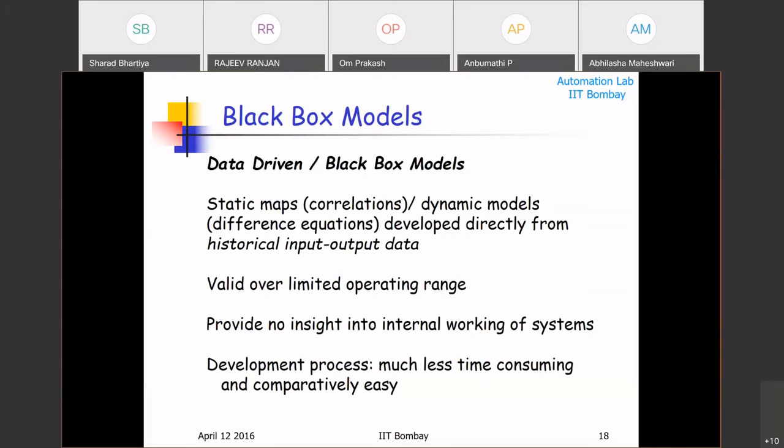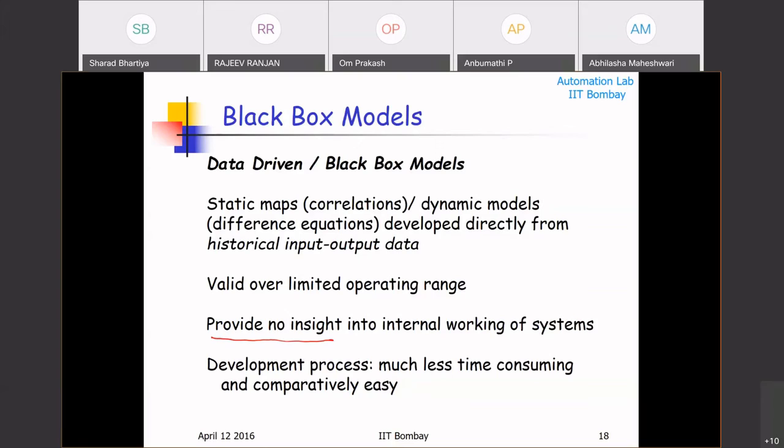Okay. And what is true is that you get no insights into the internal working of the system. It is just a correlational connection between the input and the output, with no insights into the internal working of the system. Now, if I were a scientist, I would be very, very unhappy with this kind of a thing, because I would say my whole purpose is to understand what is the mechanism underlying a particular phenomenon.